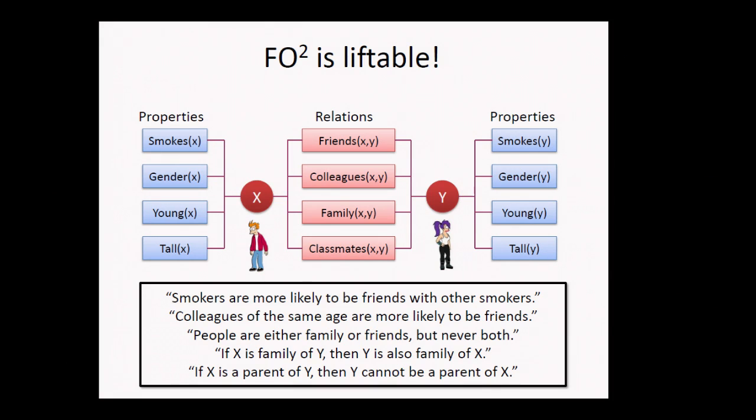People are either family or friends, never both, and so on and so on. So any statement you can make with this type of vocabulary, talking about 2 people, X and Y, and any way that you want to quantify this. So you might say that this is a very strong correlation, or this is deterministic, always has to be true, or you can say that this is a very weak correlation. It doesn't matter. You will always be able to apply lifted inference to these types of models.